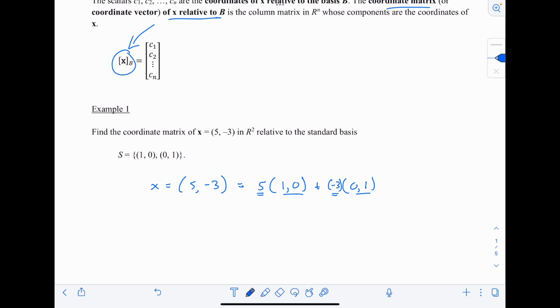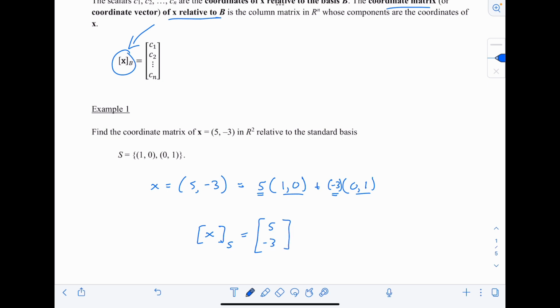Because those are my scalars, or my coordinates, we're going to say that the coordinate matrix of X relative to the basis S is simply going to be a one-column matrix with those scalars 5, negative 3.